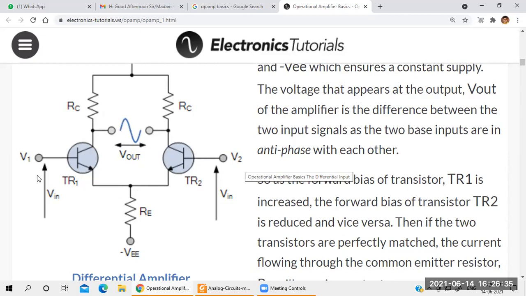Suppose you give V1 as 5 volts and V2 as 5 volts. So what is the output now? 0. Because for both sides, we're applying the common voltage, like 5 volts. That's why the output voltage of the op-amp is 0. It means this sense amplifier, this differential amplifier, this op-amp, it will reject the common mode signal. That is called CMRR.